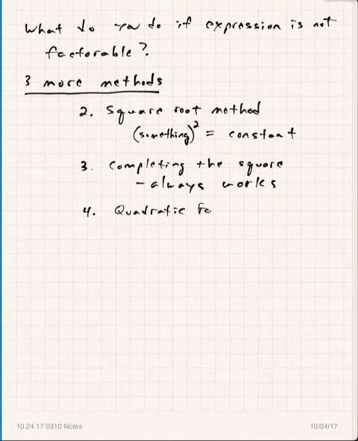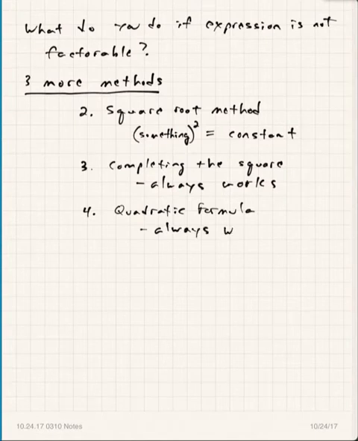Now, the quadratic formula is something we have to derive, and we derive it using completing the square. But this is actually a formula that allows you to always solve a quadratic equation.